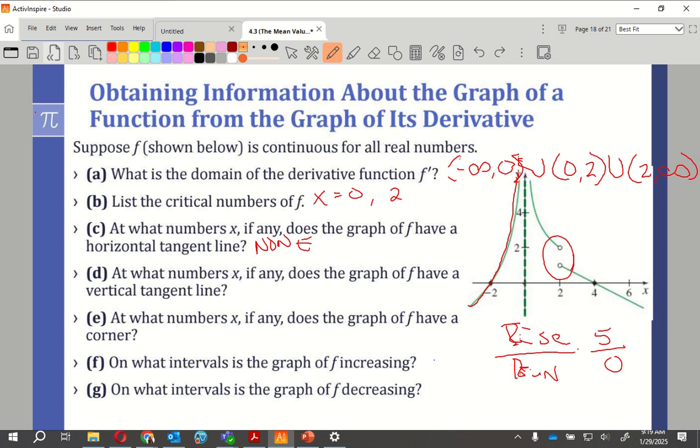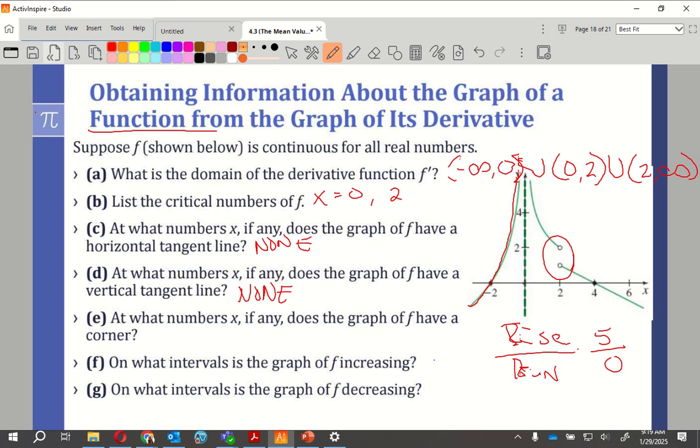So this one right here would not be a vertical tangent line because it would not show on my function, because it says it's continuous for all real numbers. So if it is a function, then it can't have that right there. So this one also is going to be none, because that one there is an asymptote.